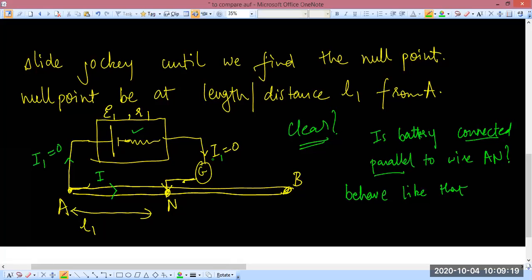Because there is no current flowing here, so this galvanometer is not serving any purpose. Suppose you know that current is zero. Now, without moving the jockey, keep it here, remove the galvanometer and connect directly by wire. It makes no difference. Agreed? Yes or no?